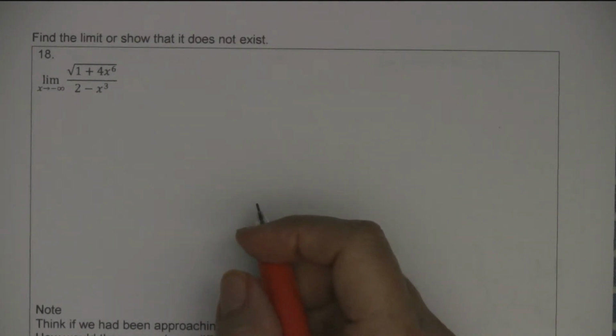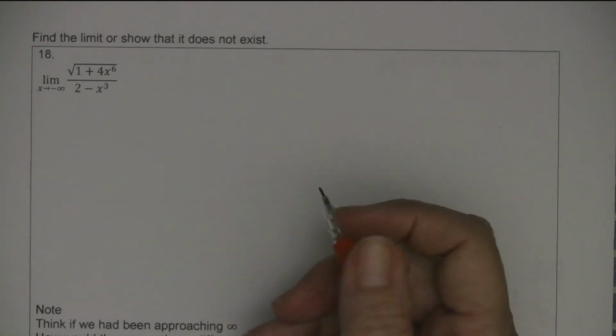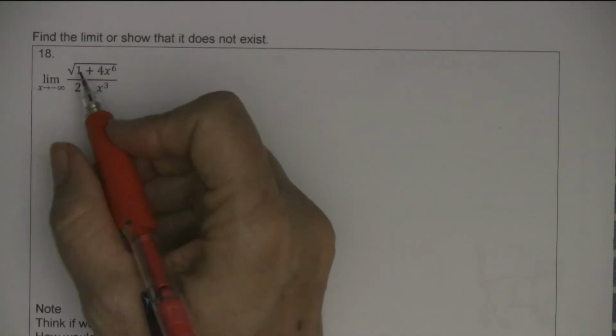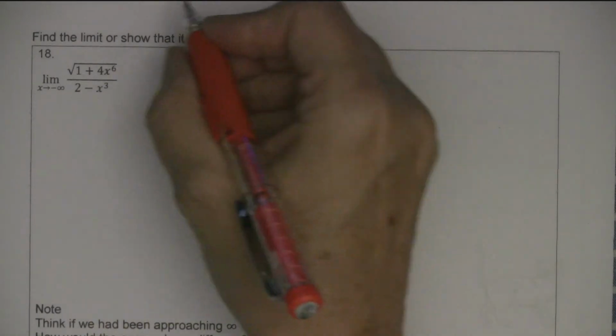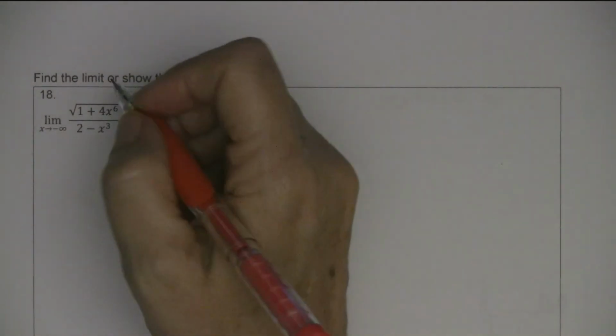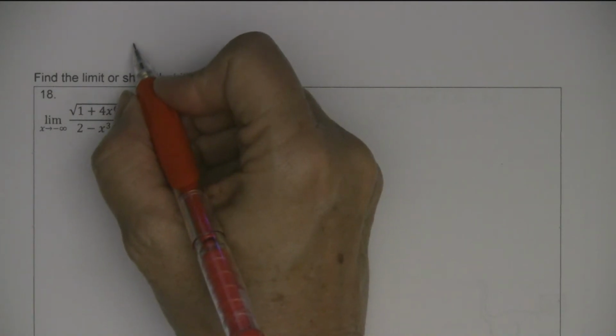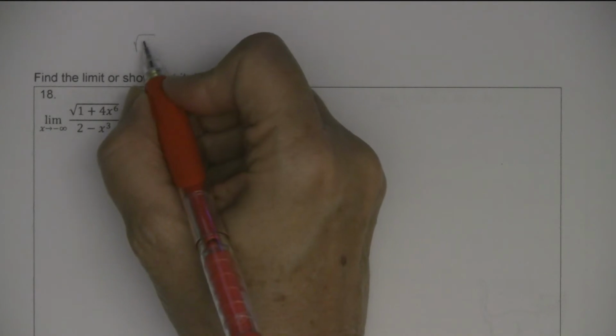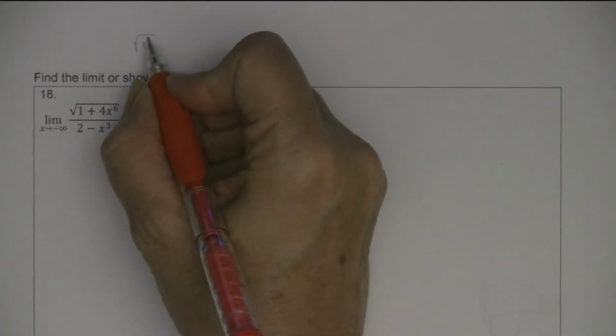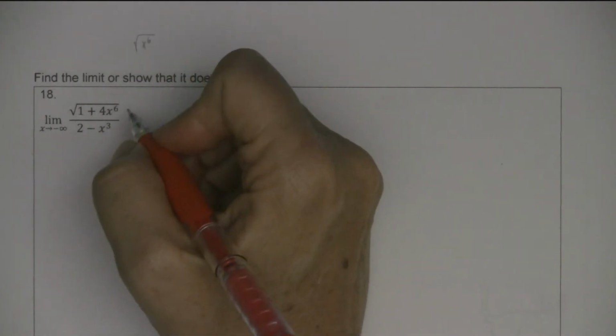Okay. So on this one here, you can use dominant term analysis on it as well. You can also use the divide by x to the 3rd, but you have to be careful, because you have to know that you want to be dividing by the square root of x to the 6th, right, to make x to the 3rd.